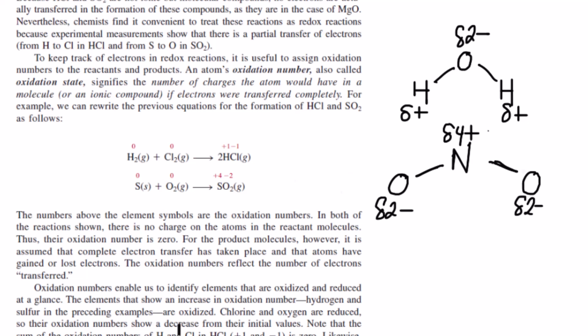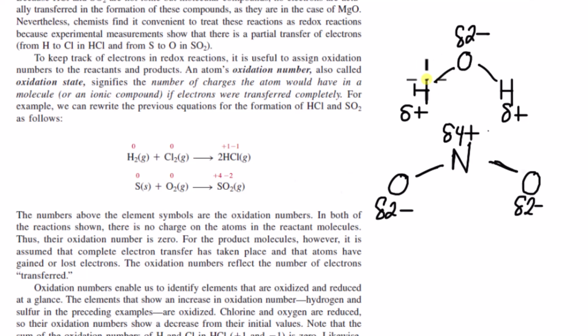So what you can think about is that when presented with any chemical compound, if you automatically had some inside knowledge of the polarity of that molecular compound, then assigning the oxidation numbers would be very, very simple.